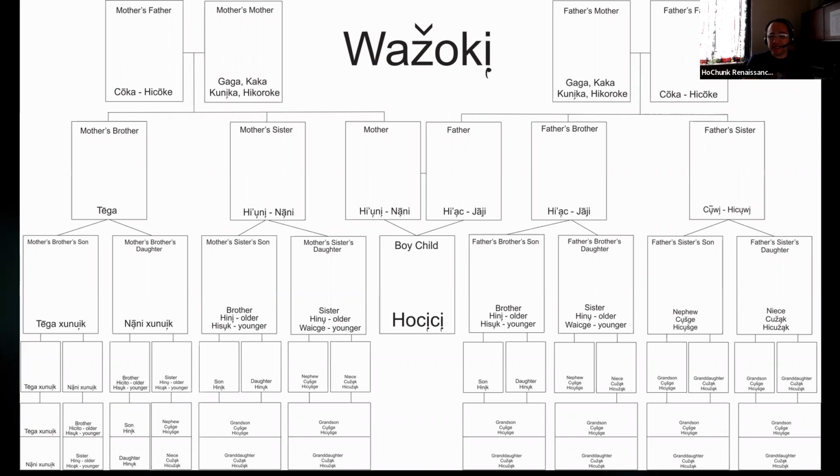Now we go on to the second level with the children, the father's children and the father's sister's children. It boils down to this: since our father's brother is also our Jaji, our father's brother's children, we have Hini, we have Hisung, are also our brothers and sisters for us boys.